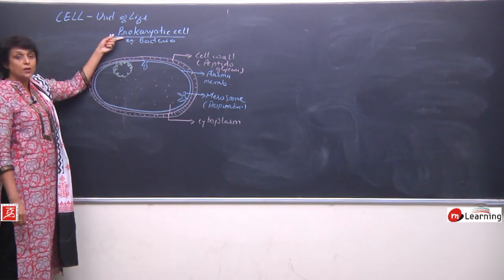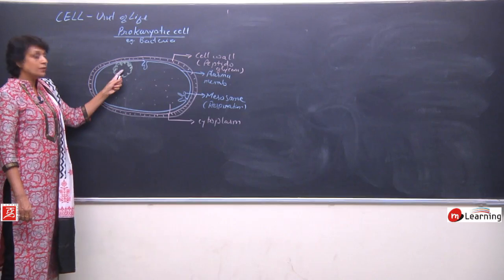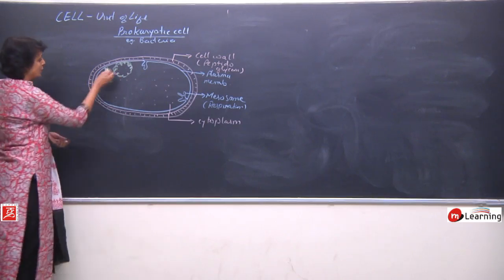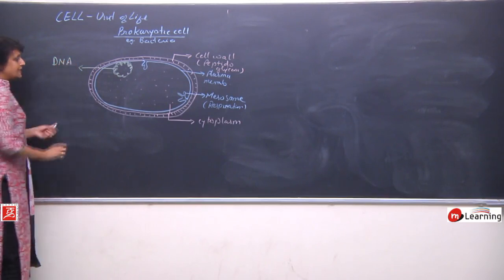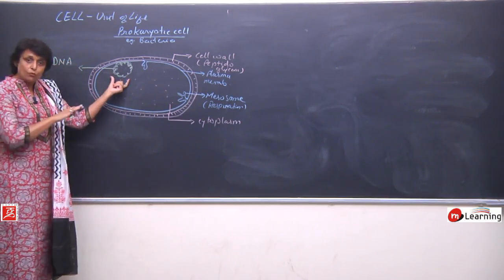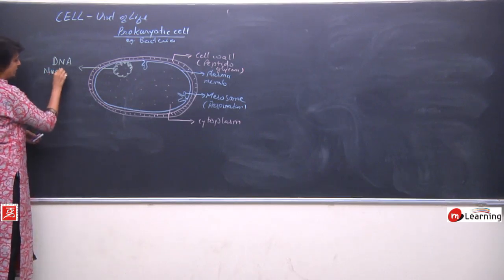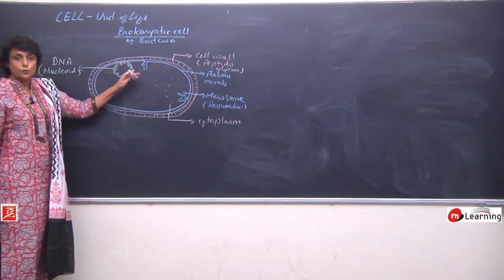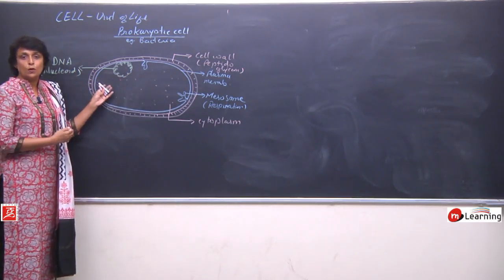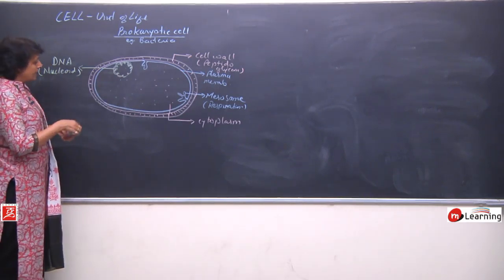As we said, prokaryotic means pro is primitive and karyon is nucleus. So this is naked DNA which is found. This DNA without nucleus is actually known as nucleoid. So in eukaryotes we call it nucleus, in prokaryotes we call it nucleoid, which means basically only naked DNA.